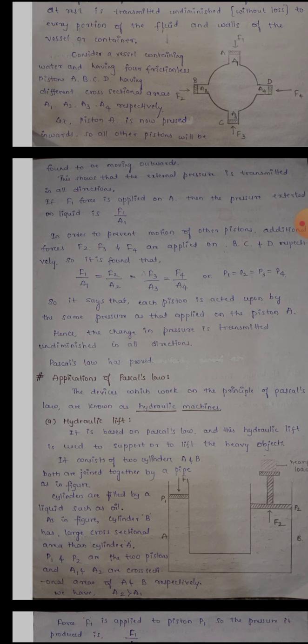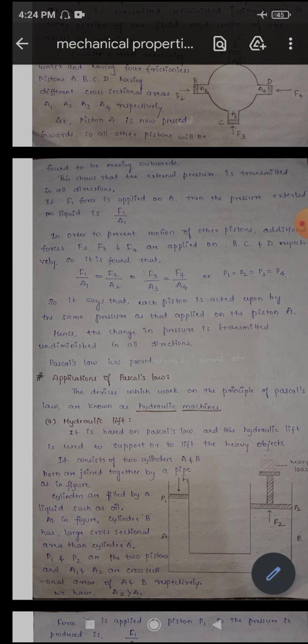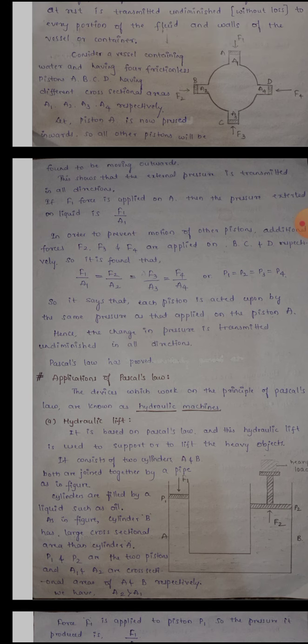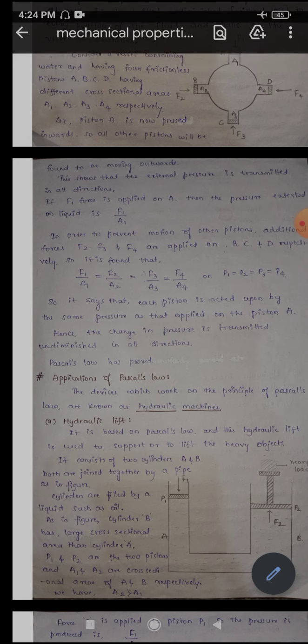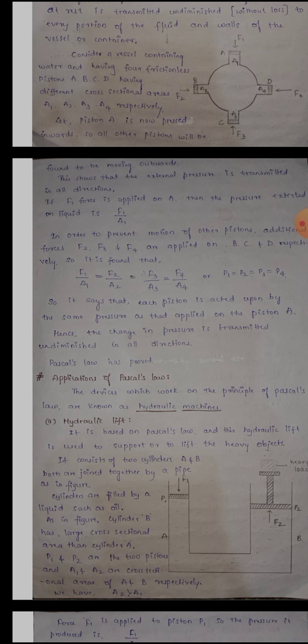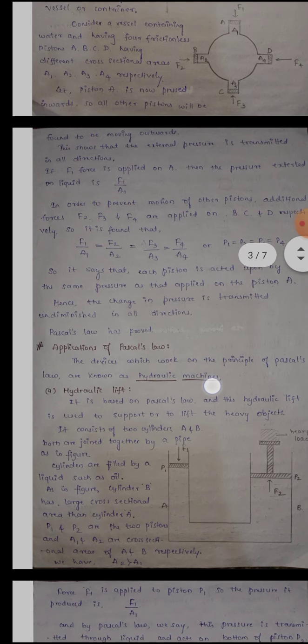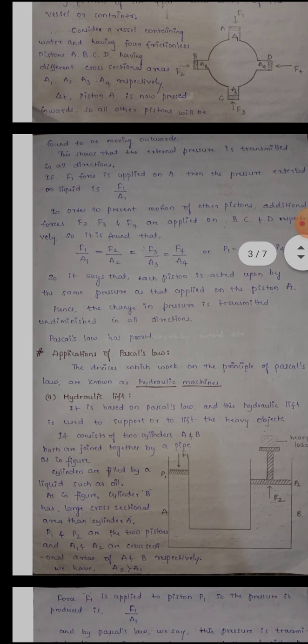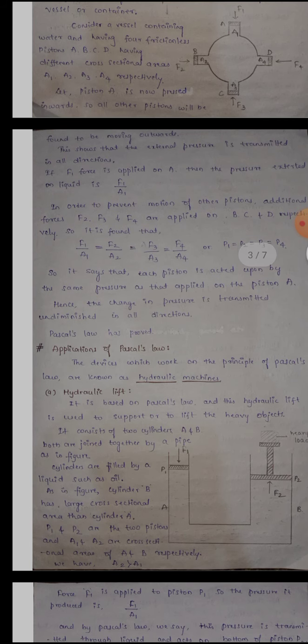The pressure applied at piston A is equal to the pressure at piston B, piston C, and piston D. By this we can say each piston is acted upon by the same pressure as the applied pressure on piston A.